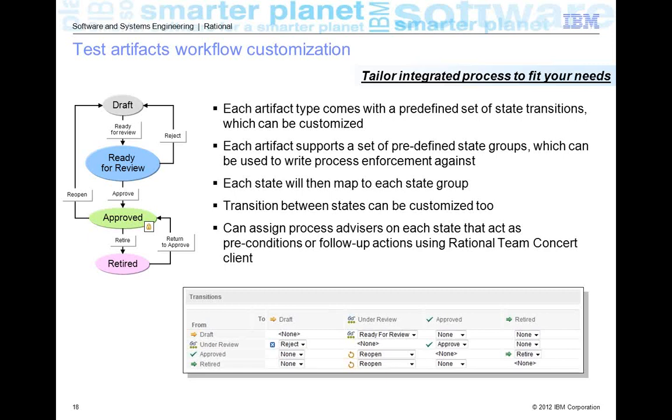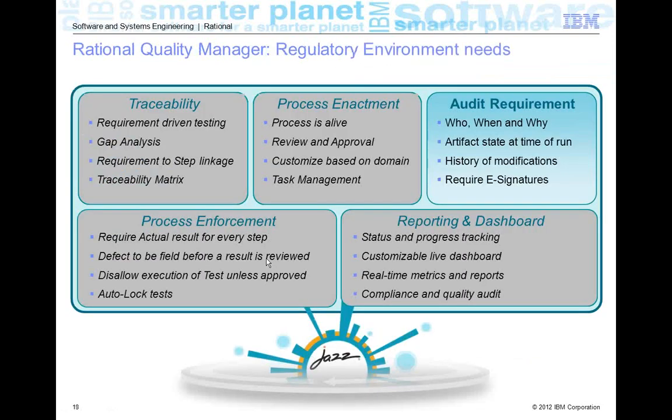But that's an out-of-the-box workflow which is available. This is again customizable, so you can tailor this to fit your requirements, and then you can assign different actions to happen when a state is reached.